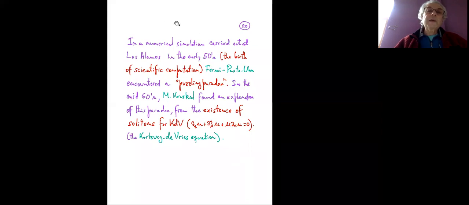So this all goes back to a numerical simulation carried out at Los Alamos in the early 1950s by Fermi, Pasta, and Ulam, which was the birth of scientific computation, the first time that a computer was used to simulate the solutions of a nonlinear partial differential equation. And in carrying out this experiment, they used the same computer that had been previously used for the calculations of the Manhattan Project that led to the atomic bomb.